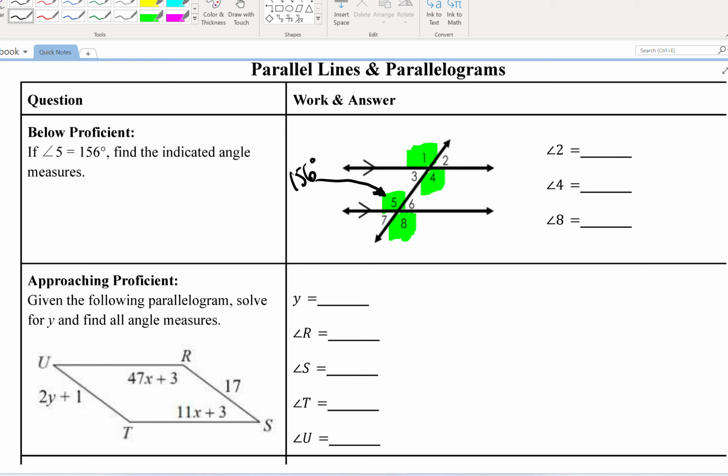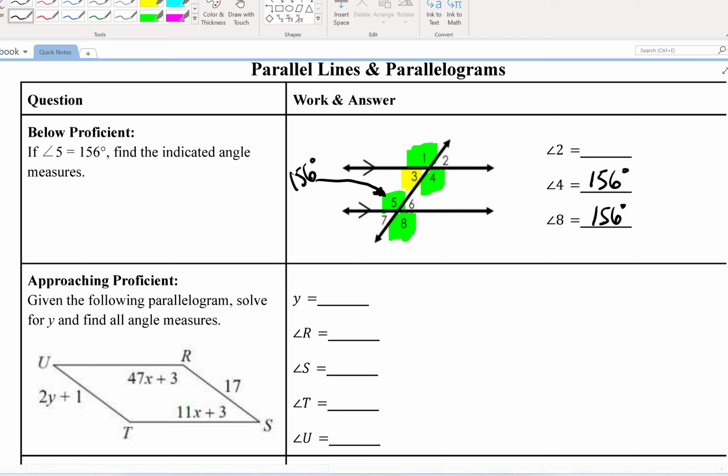So let's see. 5 we know. So angle 4 is 156 degrees, and angle 8 would be 156 degrees. And then angle 2, let's go kind of like this. Angle 3 and angle 5 are same side interior angles.